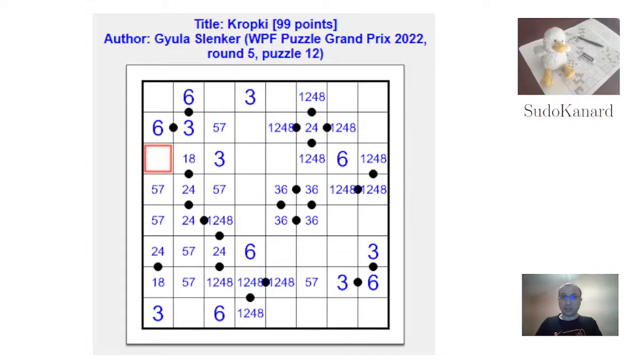On this row, they can't be here, so they must be here. And this 5 or 7 prevents this from being a 6. That's correct. This 6, well, we already knew this wasn't a 5 or 7. We still need 2 of them in here.